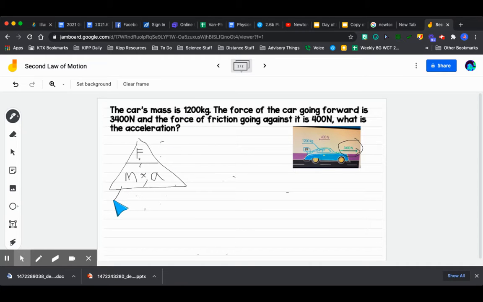So mass is 1,200. And for the force, always make sure you are getting a net force. Because these forces are going in opposite directions, you're subtracting them. If they were going the same direction, you would add them. So this is 3,000.